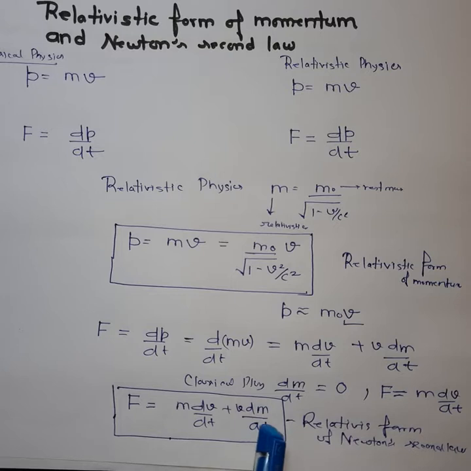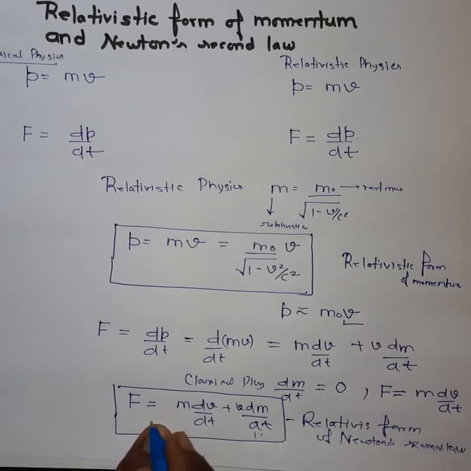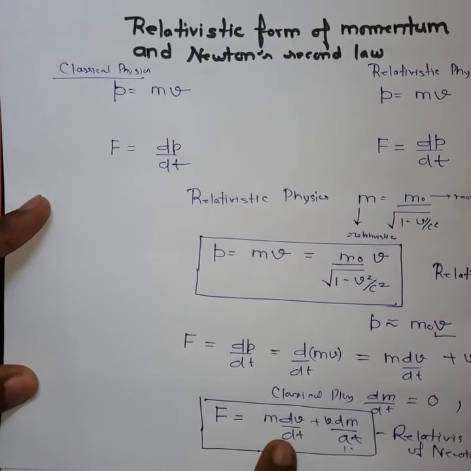Similarly, when m depends upon the velocity, the correct form of Newton's second law will be this. But in classical physics, this term was equal to 0, so you usually write in classical physics F = m dv/dt. So this is the general form.